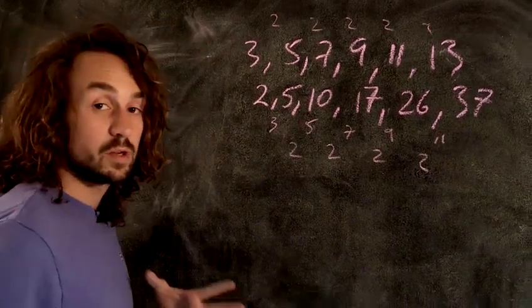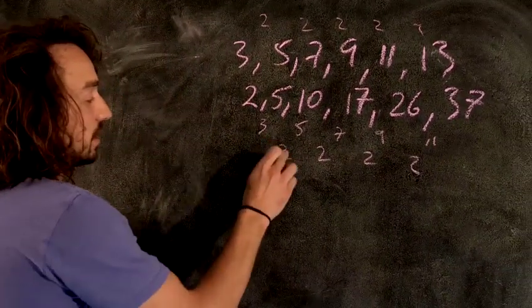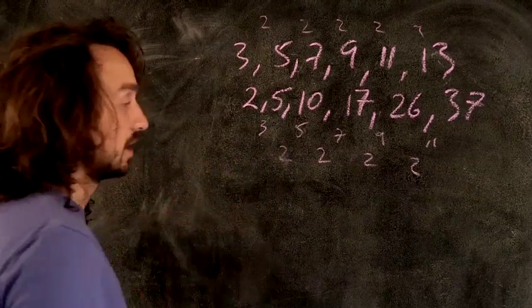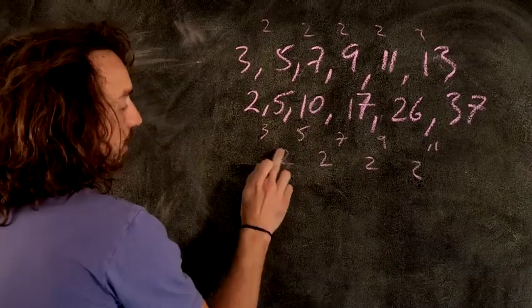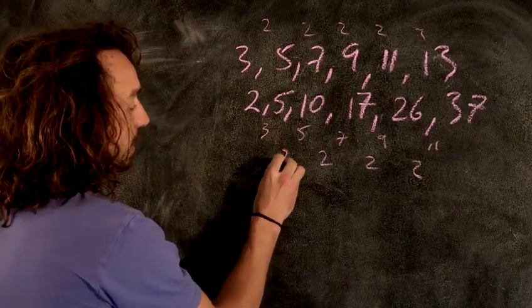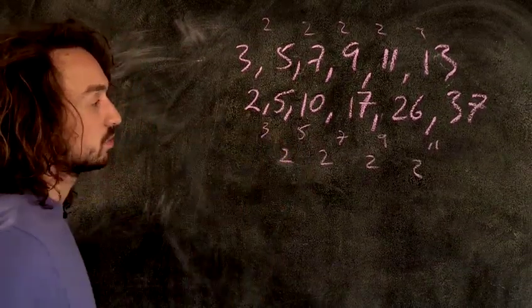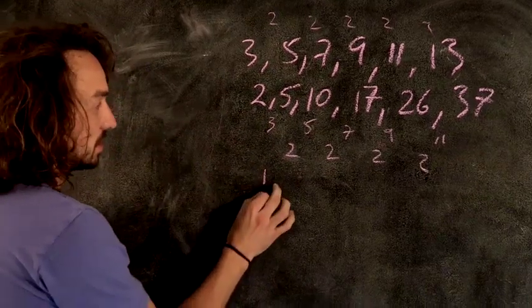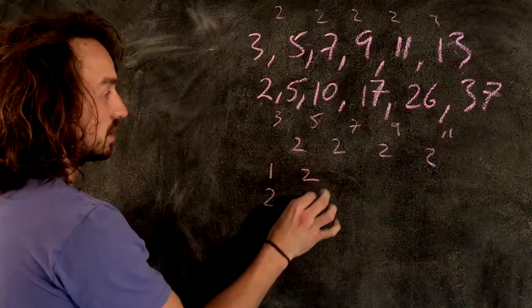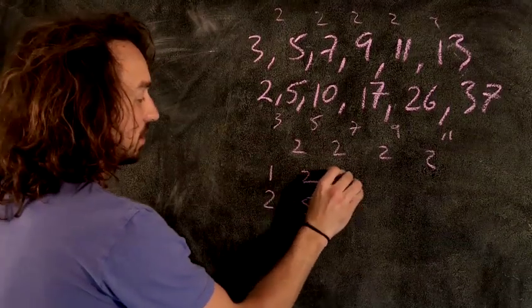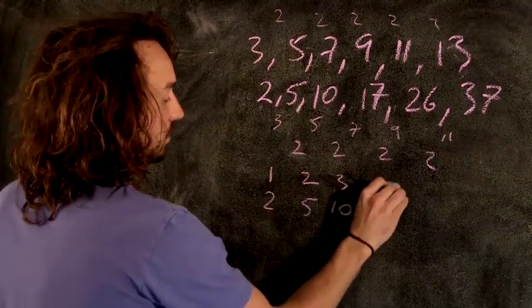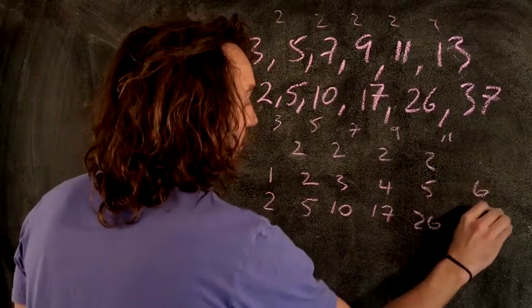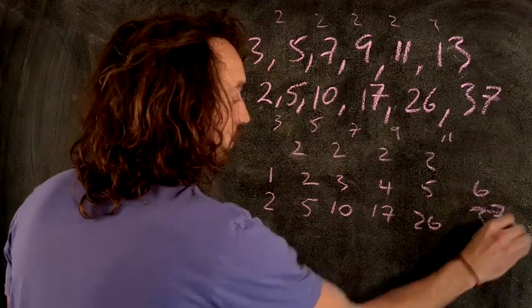Now somehow we have to relate this 2 to the sequence. We know it's quadratic, i.e. it has an n squared in it. So the first term of my sequence is 2, the second term is 5, the third term is 10, the fourth term is 17, the fifth term is 26, the sixth term is 37.